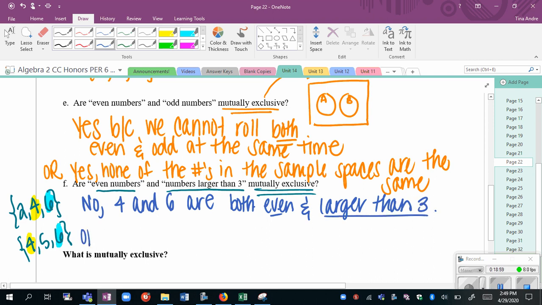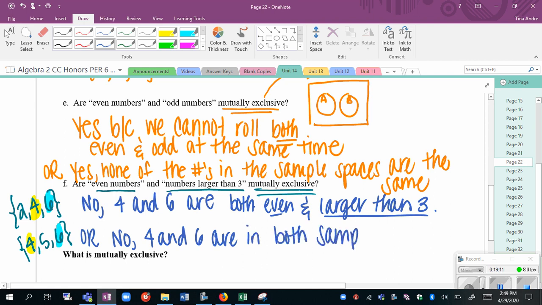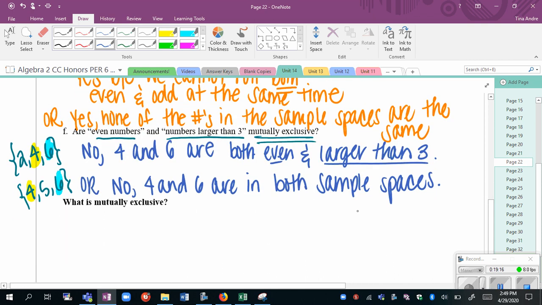Or you could say no, 4 and 6 are in both sample spaces. So again, thinking of this from a Venn diagram point of view, we have an overlap, right? So we'd have 2, we'd have 4 and 6, and then we have just 5 over here. So since there's an overlap, that's why it's not mutually exclusive. So all different things to consider here.